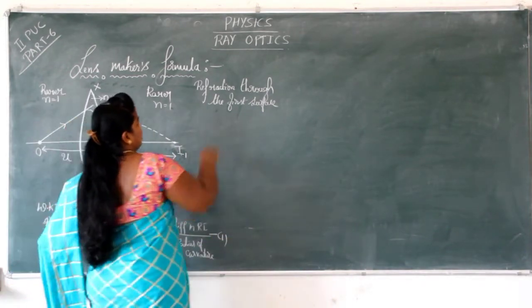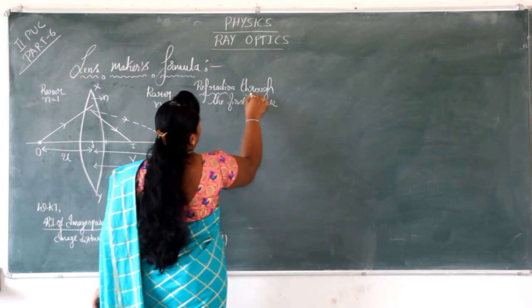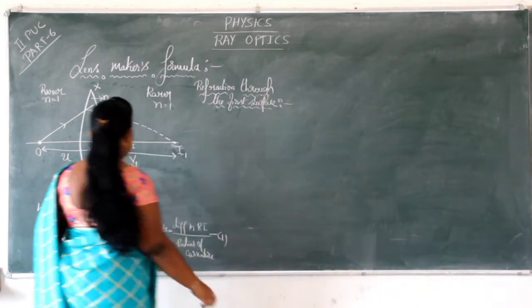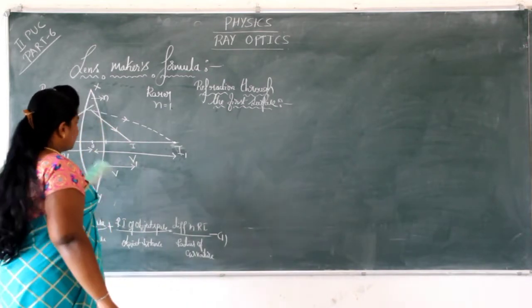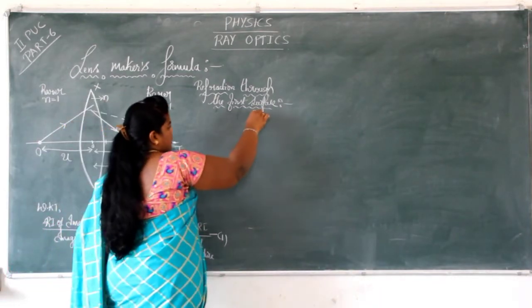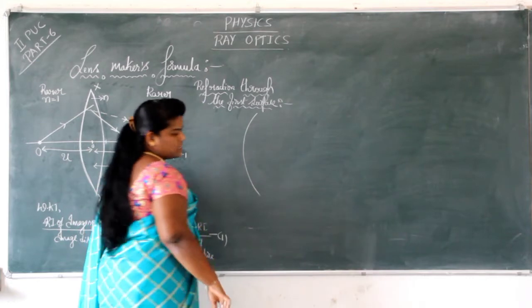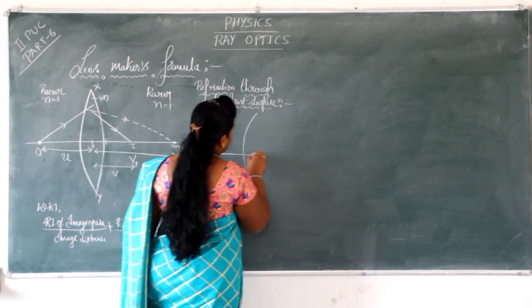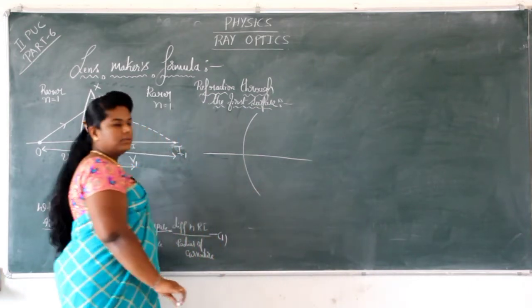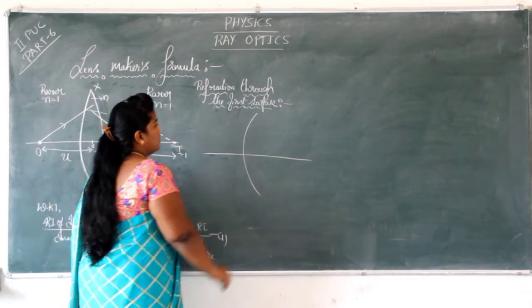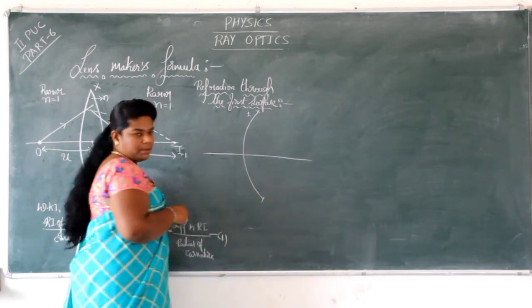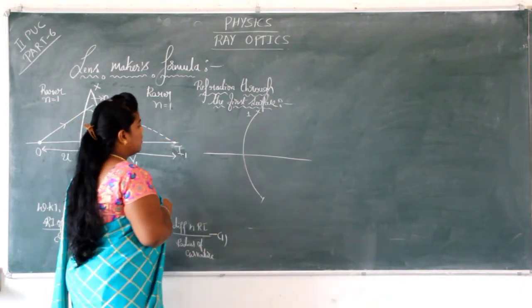Now let us observe the refraction through the first surface. I am going to discuss this. Now I am going to write the first surface. I am not going to write the second surface. Dear students, you can observe it very carefully. I am drawing the diagram. This is the first surface of the convex lens, whereas the aperture is represented by XY.